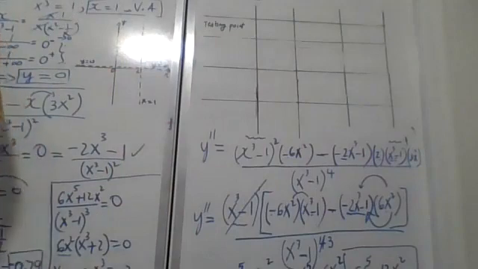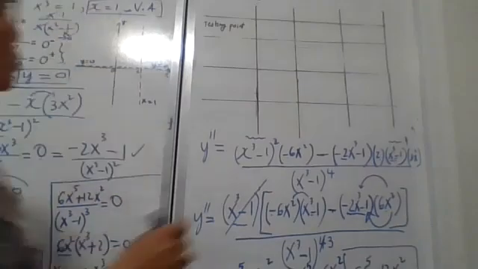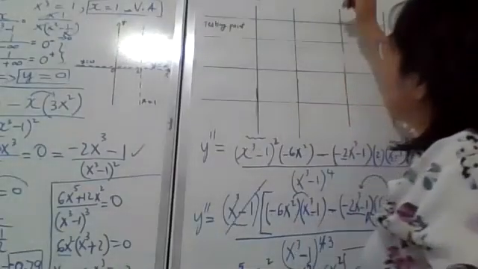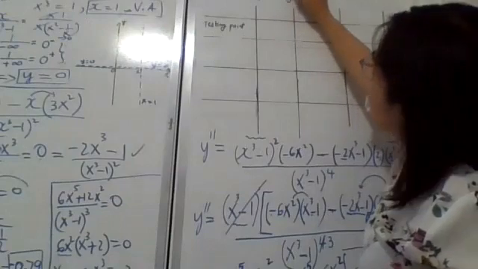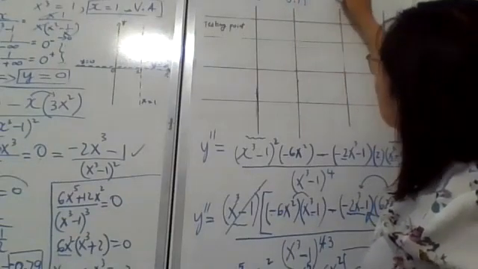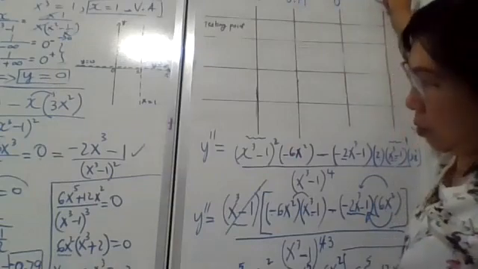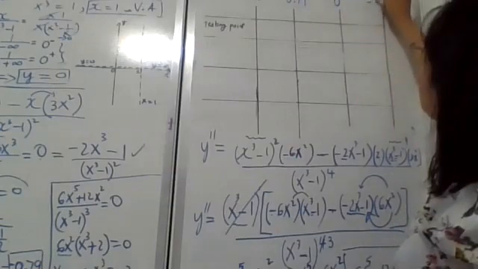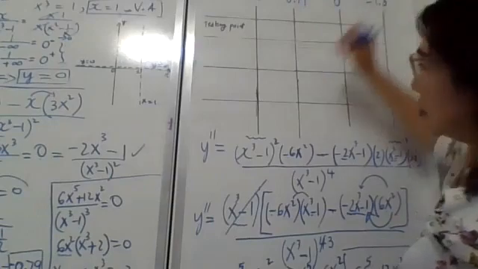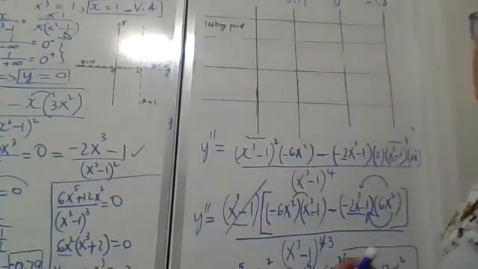So if x is 0, y also is 0 because the top is 0, right? So we know that x can be 0 as well, but let's put minus 0.79 and then come to 0. And then what is the next one? Minus 1.3, right?